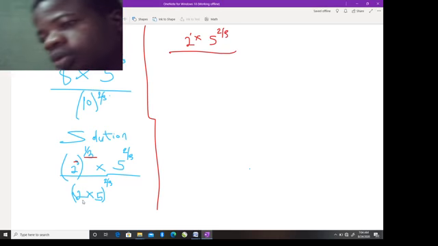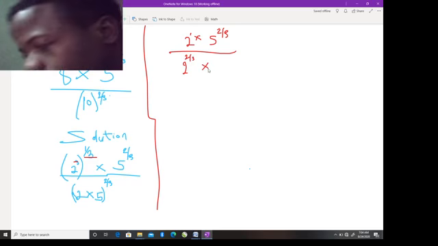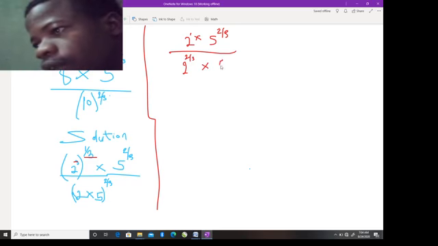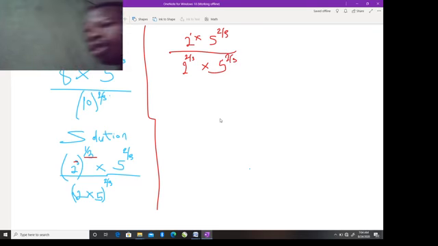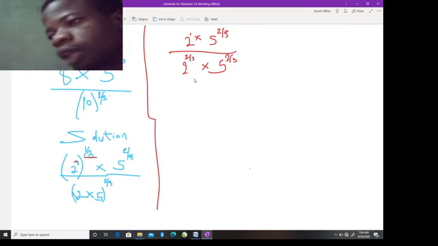This one you can split: 2 times 5 all raised to power 2 over 3. You can express this as 2 raised to power 2 over 3. That is, you will express them individually or singly. So you have 5 raised to power 2 over 3. See, you get it? So the same thing is just like factorizing the power. Yeah, you can bring them back together.